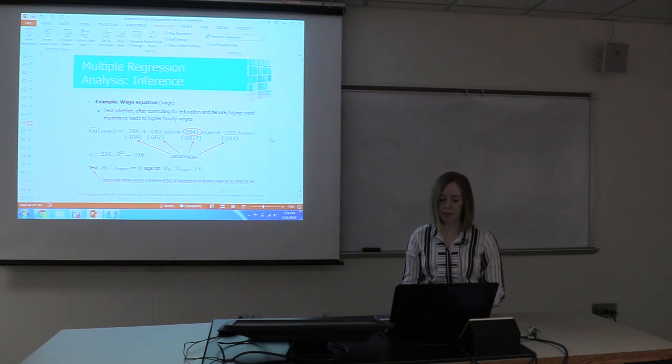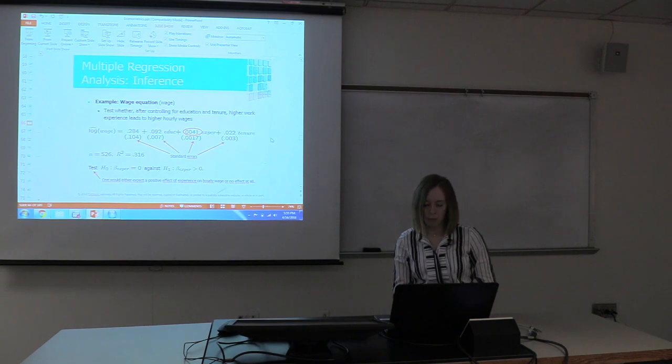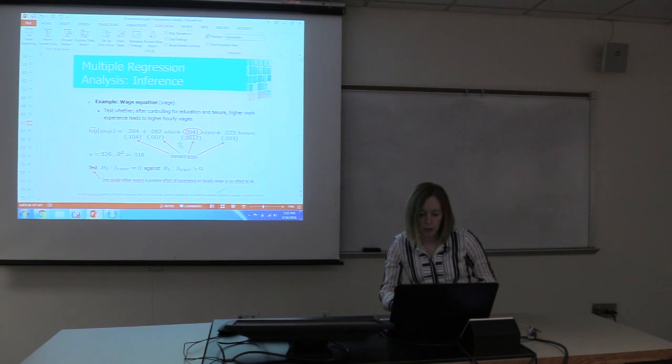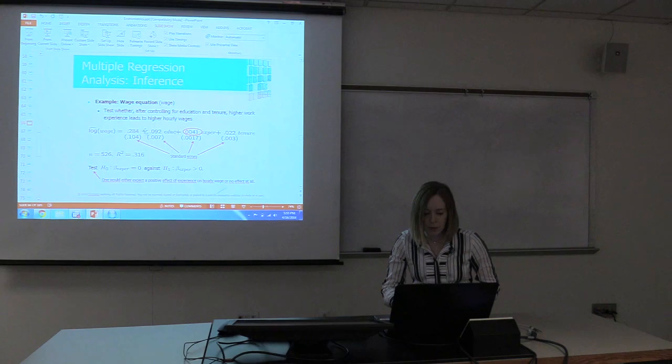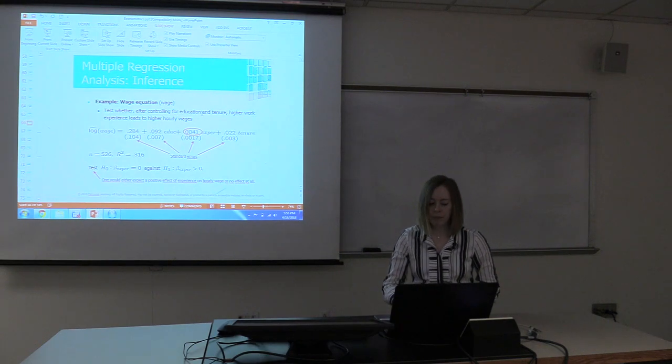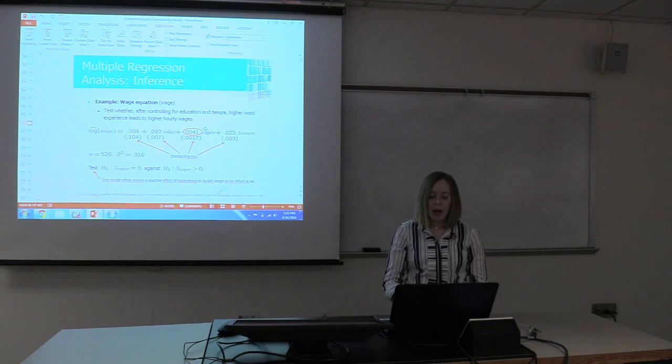Yep, John? The percentages that we have on each variable, the ones not in the parentheses, so these values? Are those percentages of our R-squared value, or just in general? Oh, gotcha.